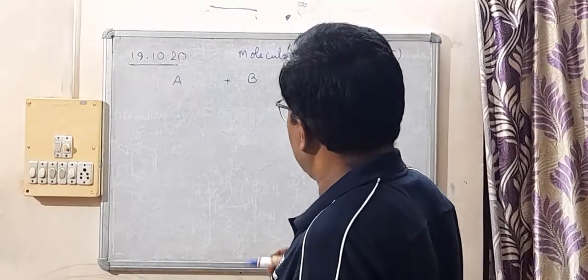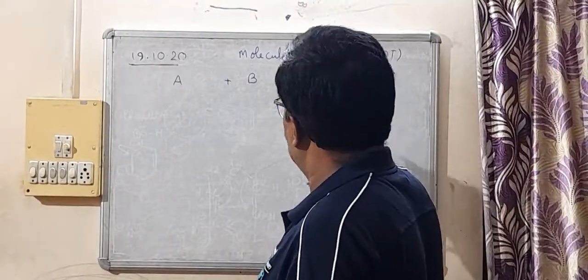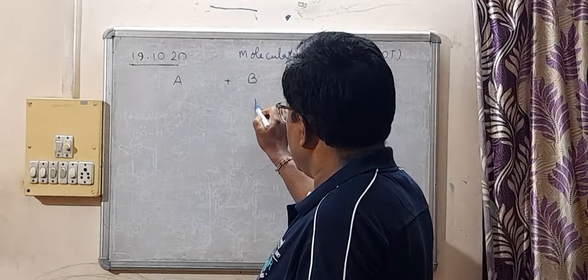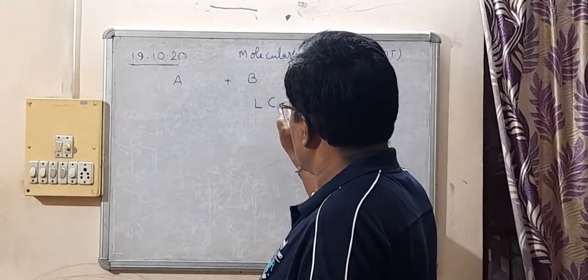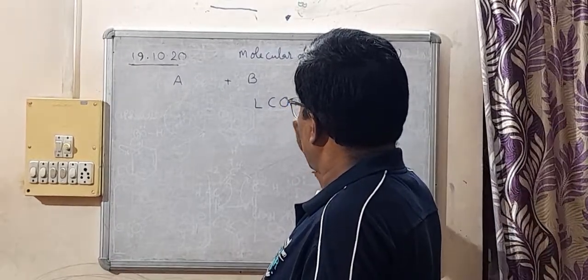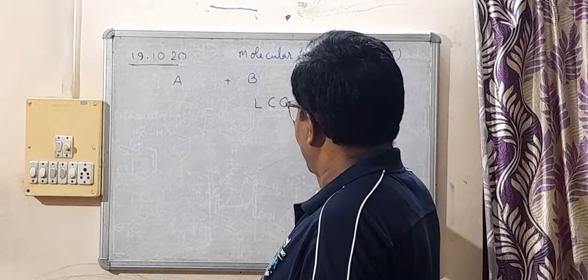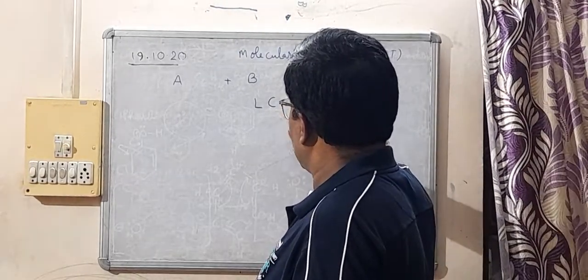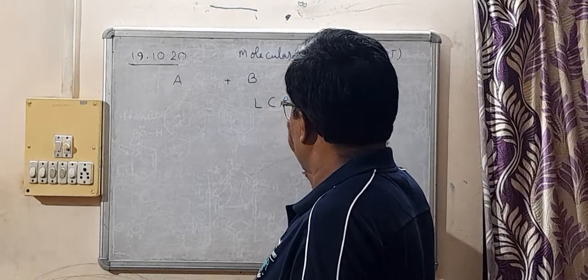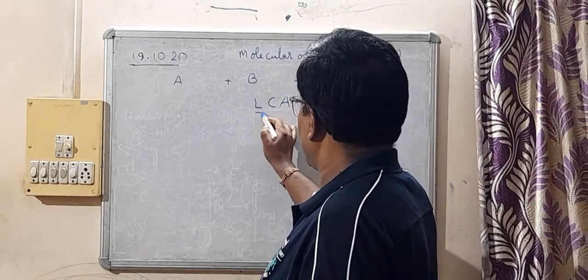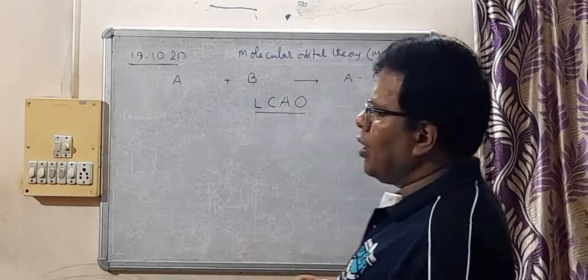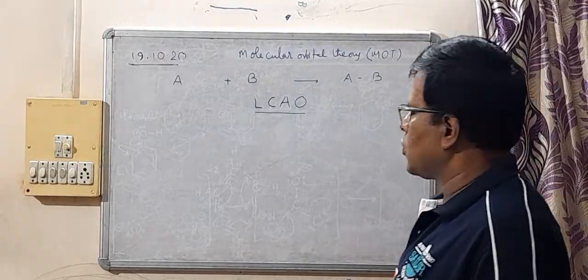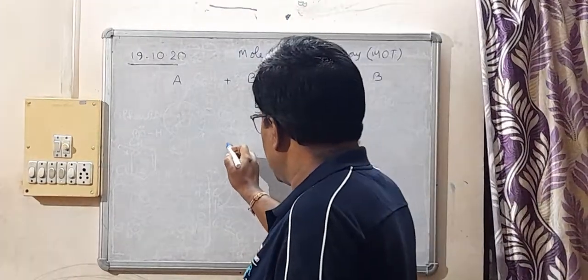Now here we use a term called linear combination of atomic orbitals. So what is that, I am explaining it here.